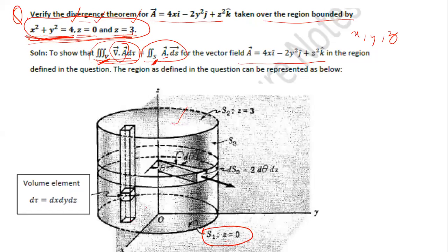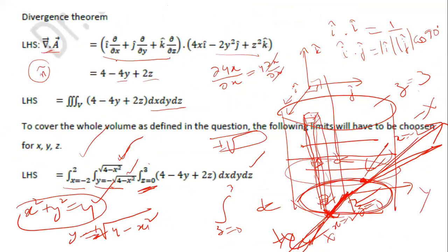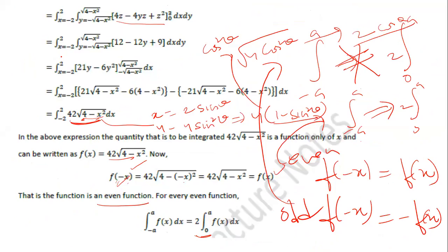So this is what we have to prove. And for that, we start with the left-hand side. For the left-hand side, we calculate the divergence of A and do this volume integration, considering the volume element as dx, dy, and dz, because we are considering the Cartesian x, y, z coordinate system.